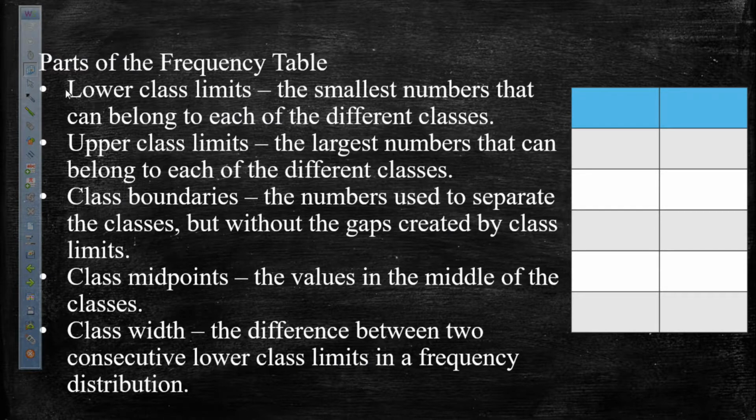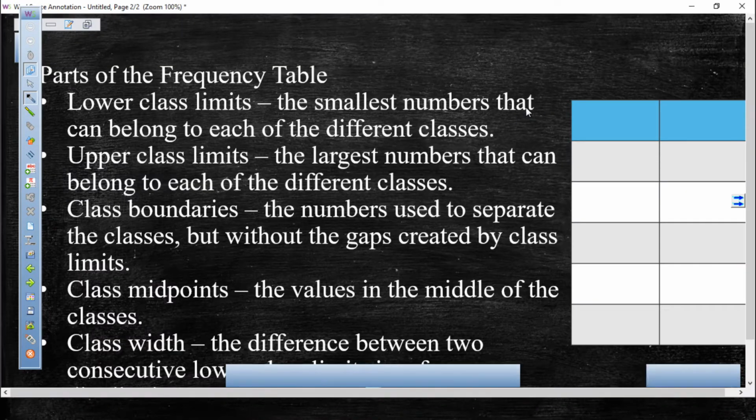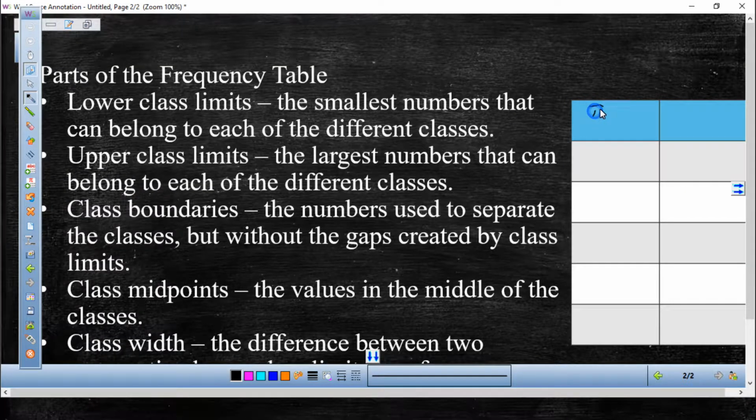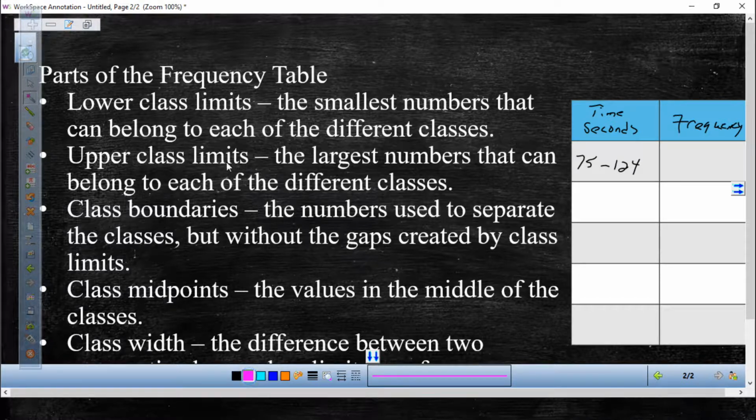So let's try a few. What we did a minute ago, we had time in seconds, and then we had the frequency. So for 75 through 124, the lower class limit would be 75 and the upper class limit would be 124.